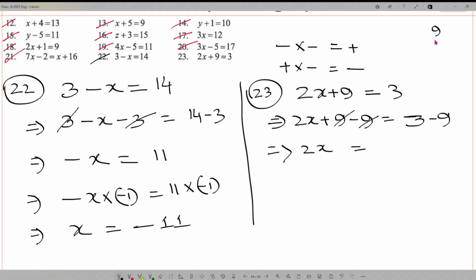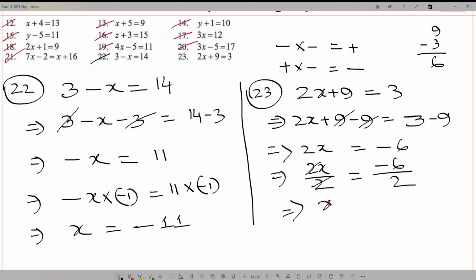Look, 9 minus 3 is 6, but here the minus sign is larger, therefore we can write minus 6. We can divide both sides by 2, so 2x divided by 2 equals minus 6 divided by 2, so 2 and 2 cancel out, and here is x, 6 divided by 2 is 3, so minus 3 is our answer.